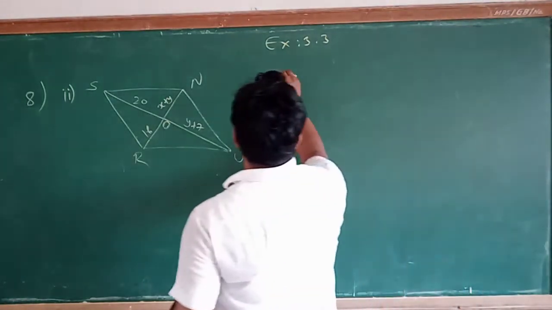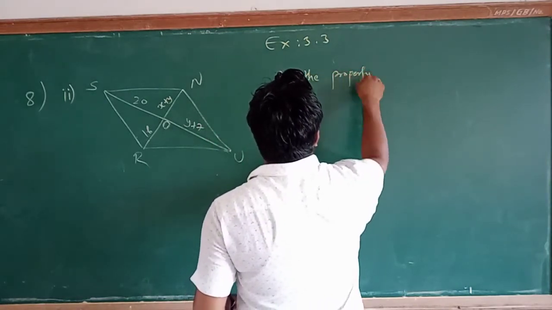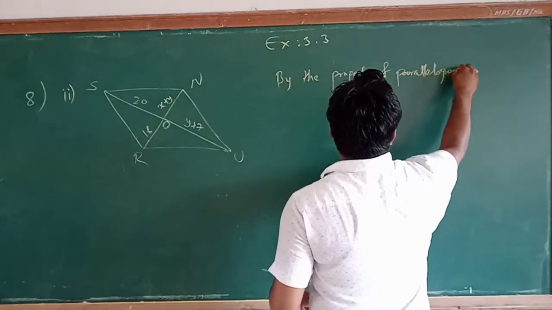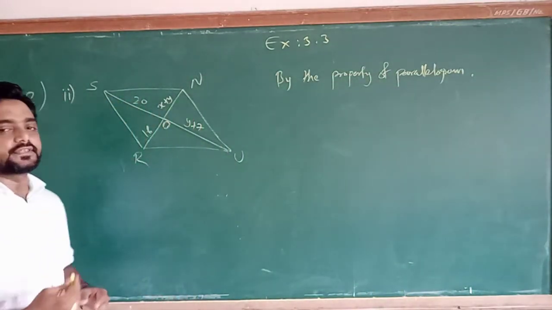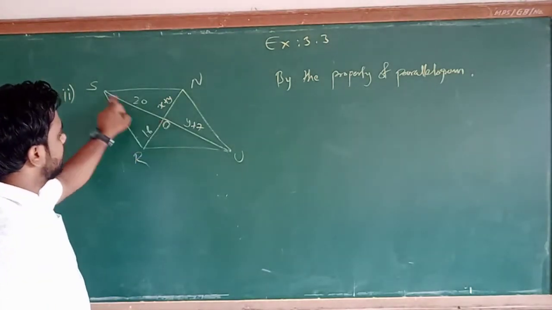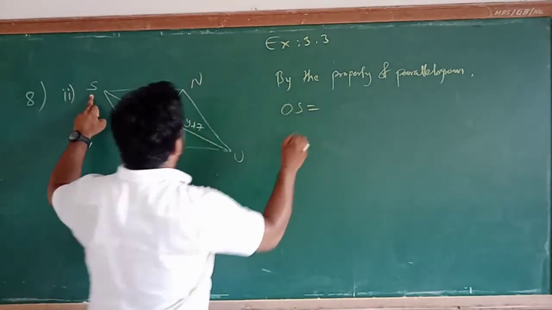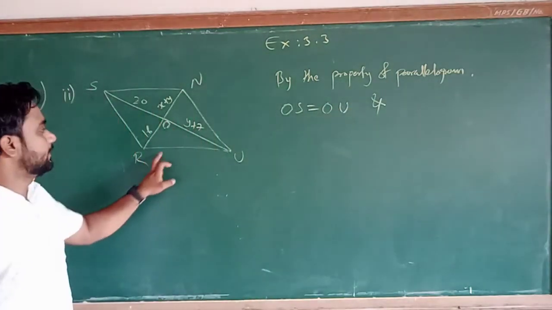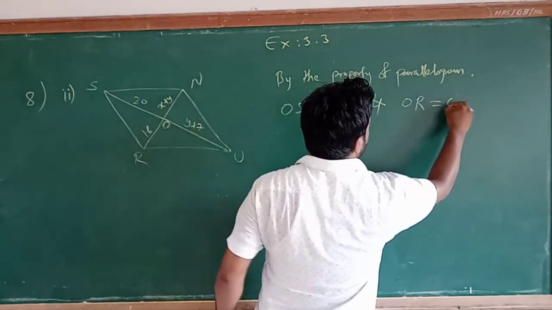So by the property of parallelogram, on the basis of the diagonals of a parallelogram, I can write that this diagonal, so OS is equals to OU and another value, that is OR is equals to ON.